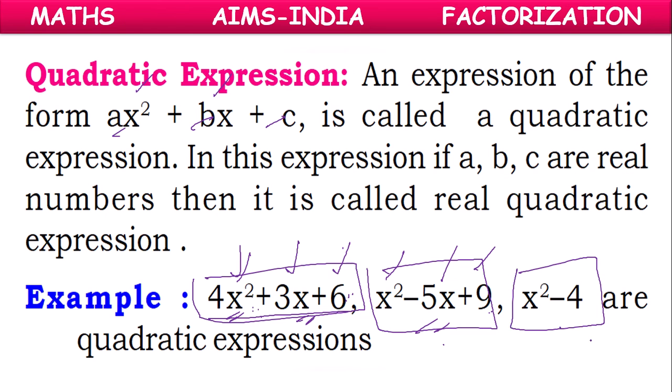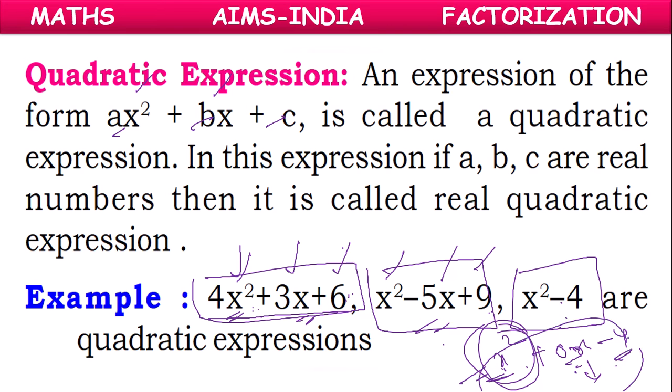Next example: x square minus 4. Here the x square term is there, but there is no x term, so we can take it as 0x, and after that the constant is there. One term may be missing, but if the leading term, the x square term, is there, though there is no x term and only a constant term, it is still a quadratic expression.